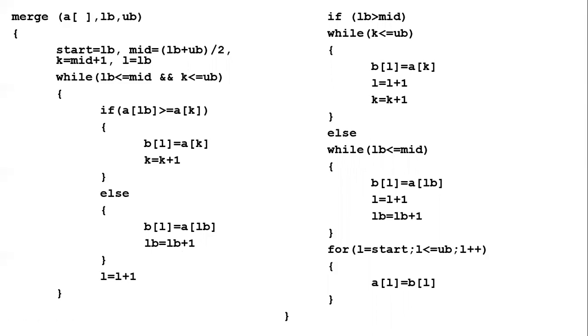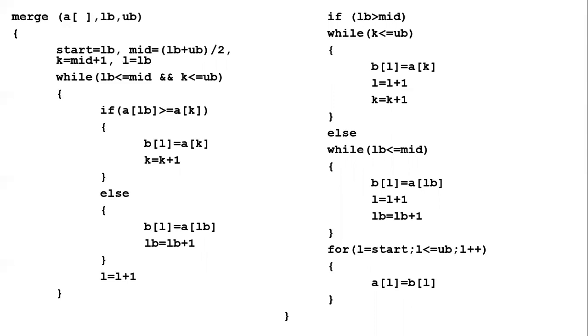So in both the cases, AL will be increased because we need to increase the index of the B array. Remember that AL is the index of the B array. So whether we store from the first subarray or from the second subarray, as we are storing it to the temporary array, the index of the temporary array will definitely be increased.